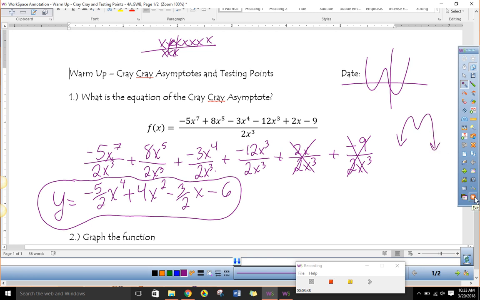I'm going to make a very, very specific blanket statement to you. Ready? If you get a problem that has a crazy asymptote like this, any part of graphing it is going to be bonus. I don't expect you to know exactly what the graph of this looks like.